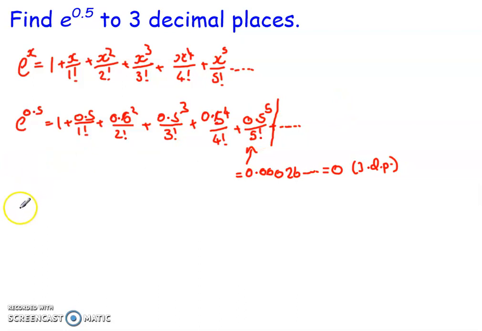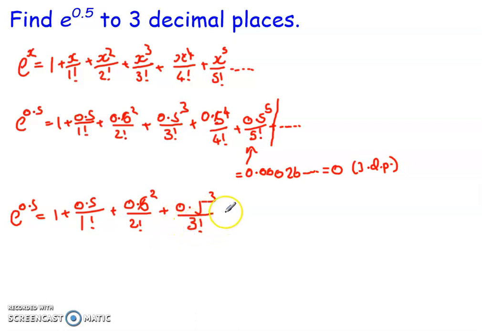So what we can do is then say, right, to get e to the 0.5, all we have to do is 1 plus 0.5 over 1 factorial plus 0.5 squared over 2 factorial plus 0.5 cubed over 3 factorial plus 0.5 to the power of 4 over 4 factorial, then plus 0.5 to the power of 5 over 5 factorial.